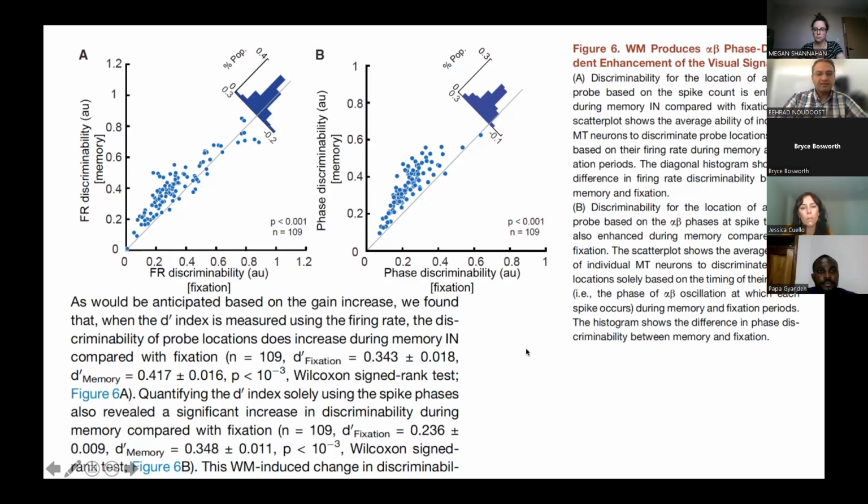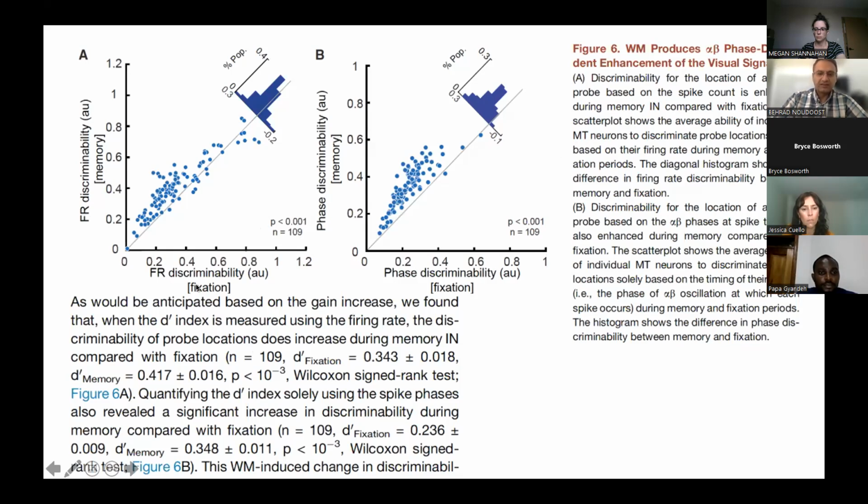But in the text, what we describe is this. As we anticipated, we found that the D prime index, which is this discriminability index measured using the firing rate, shows that the discriminability of probe location does increase during memory in compared with fixation. And this is how you read the result, and apparently this is the part that people were asking last time to practice together. N equals 109, meaning that we recorded 109 neurons, and in the caption it says these are individual neurons of MT visual cortex.